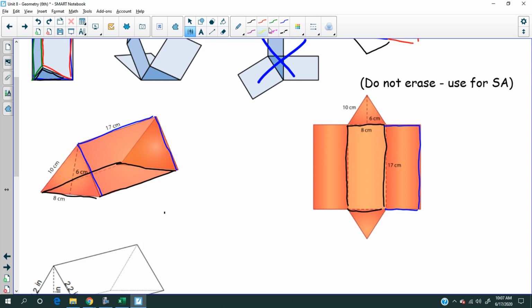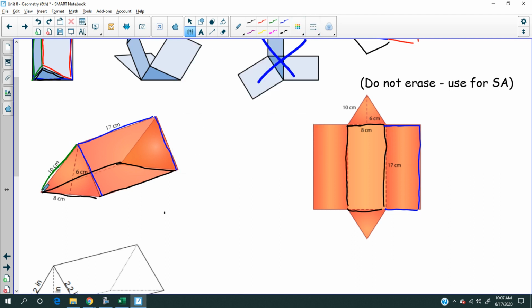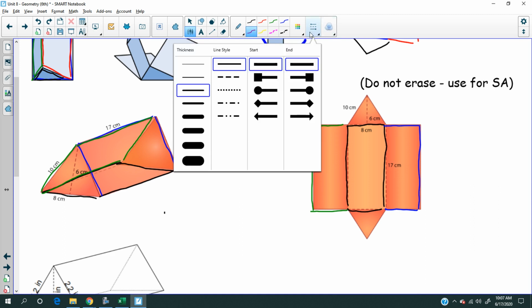So now let's see. This one, right? You see the third side here, right? It's the one that you actually can't or aren't supposed to be able to see. And then we got two more. We got the two triangles, right?